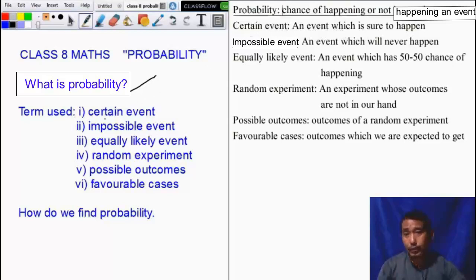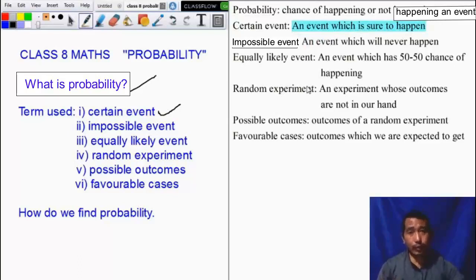Next, terms used in probability. The first term, certain event. Certain event means an event which is sure to happen. By an event which is sure to happen means if today is Sunday, tomorrow will be Monday.